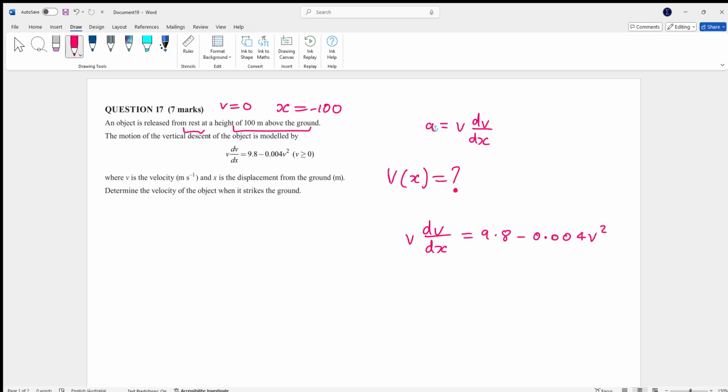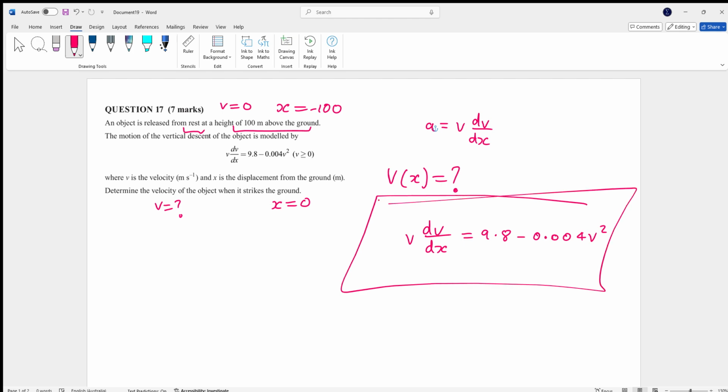Now we want to determine the velocity of the object when it strikes the ground. If it's going from 100 meters up and it hits the ground, its position will be x equals 0. I nearly wrote 100 there. But in order to work that out, we need velocity as a function of position. So we have to start solving this guy here.